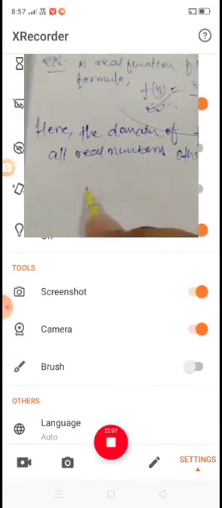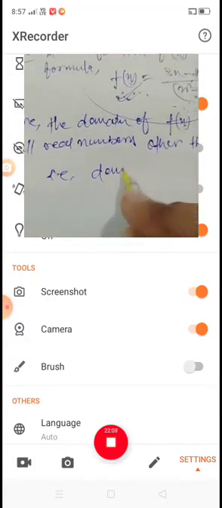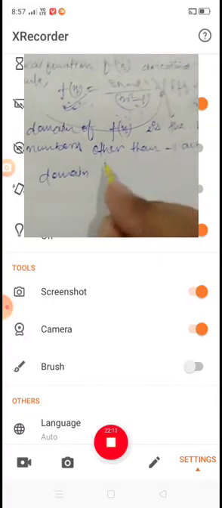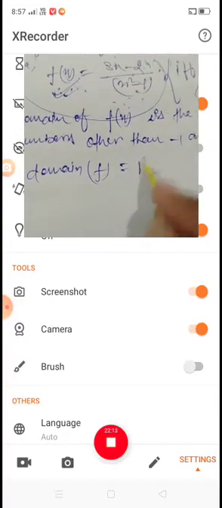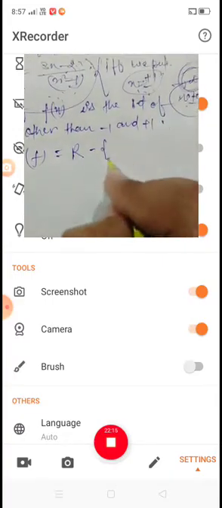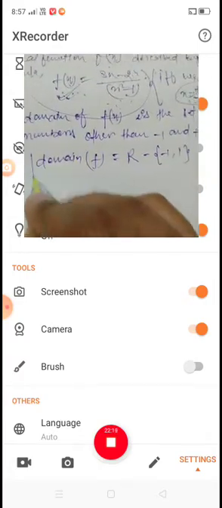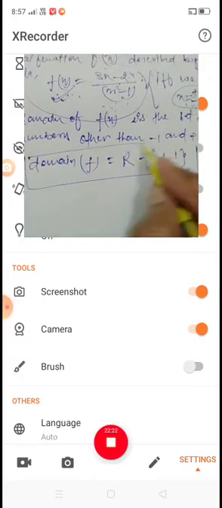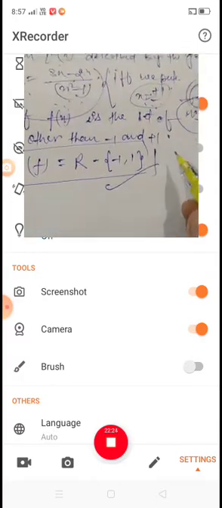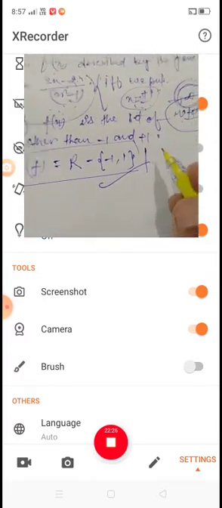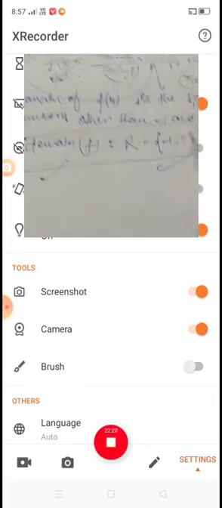That is, the domain of the given function is the set of all real numbers except minus 1 and plus 1. This is the domain of that function. This is the concept of domain.